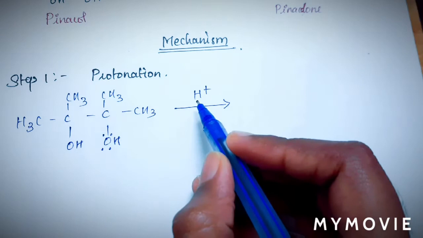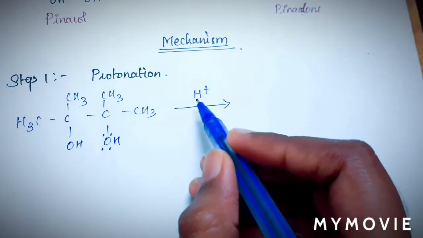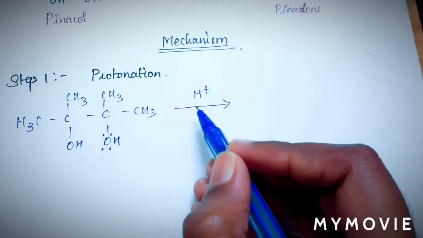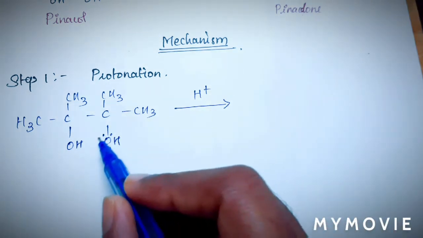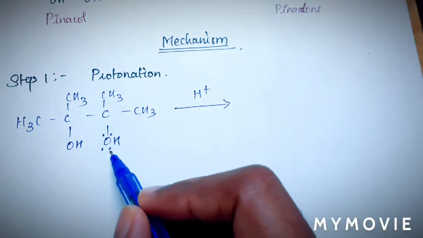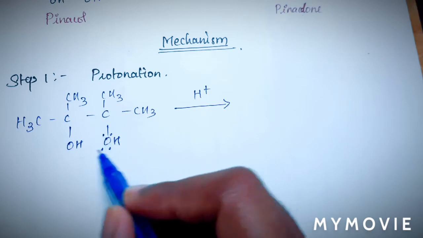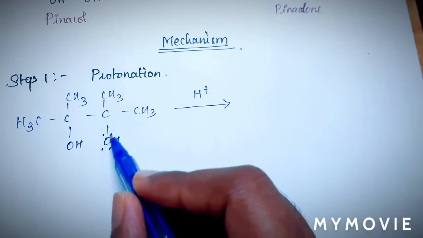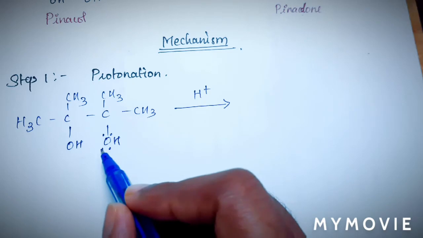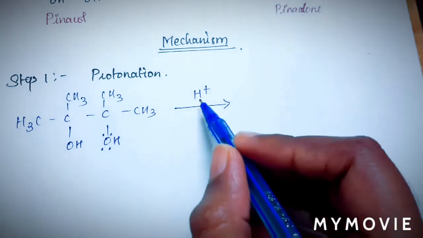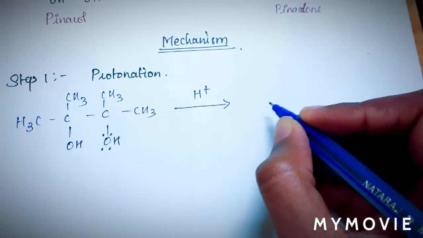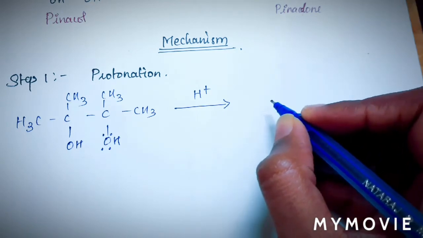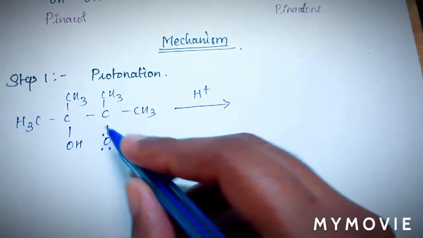So the proton, which is electron deficient as I already said, will have a high tendency to form a bond with the electronegative oxygen atom. We know that the oxygen atom is electronegative and also rich in electrons. So it will share its electrons with the proton to form a bond, which is why it is called protonation, because you are going to add a proton to this compound.